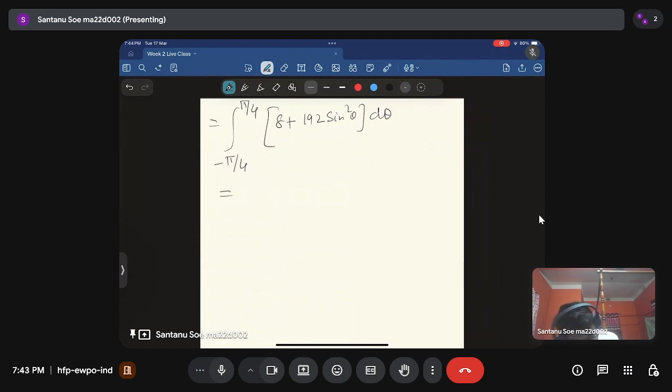Okay, so this is 8 theta plus 96 into theta minus sine 2 theta by 2, because you just multiply by 2 and divide by 2, then 2 times sine square theta can be written as 1 minus cos 2 theta, and then you do the integration.